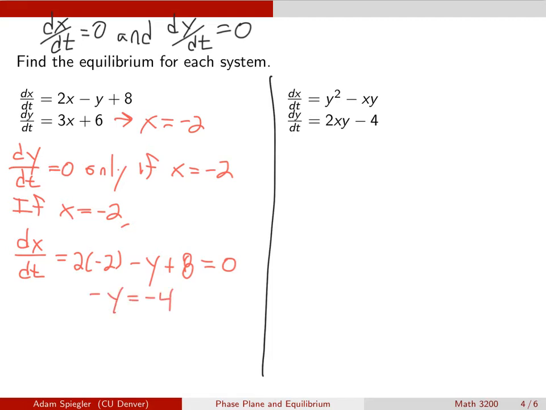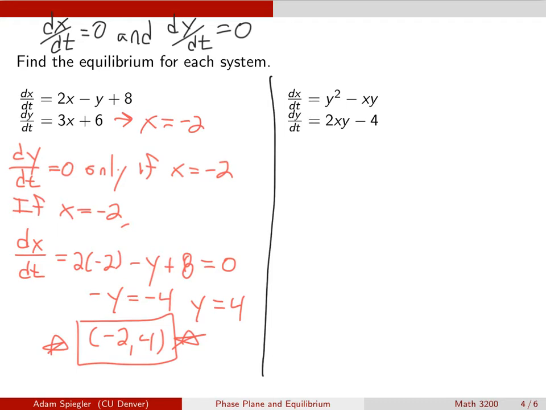That gives us minus y is -4, so y is equal to 4. So we found that the only way dy/dt is 0 is if x is -2, and then dx/dt is going to be 0 only if y is equal to 4. So in this case, we have just one equilibrium at (-2, 4).